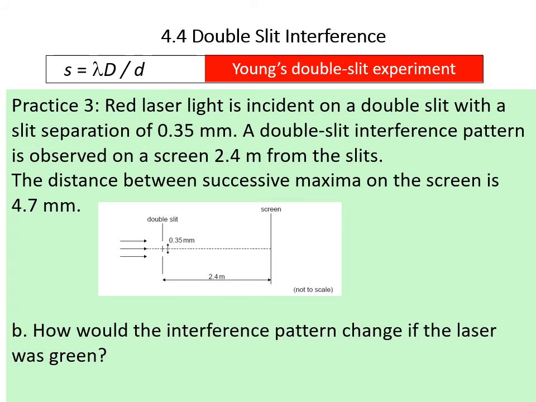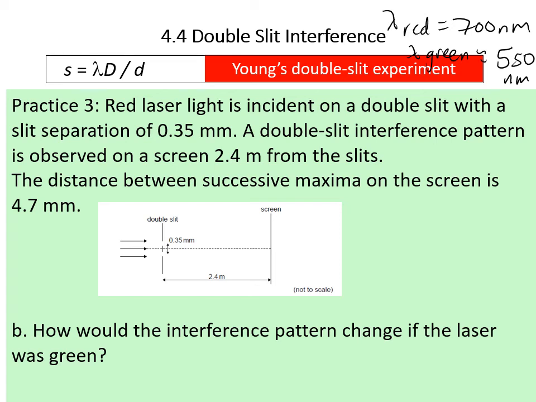Now the question asks, how would the interference pattern change if the laser was green? Red light has a wavelength of around 700 nanometers, and the wavelength of green light is, I think, 550 or so, 550 nanometers. So green light has a shorter wavelength than red light.